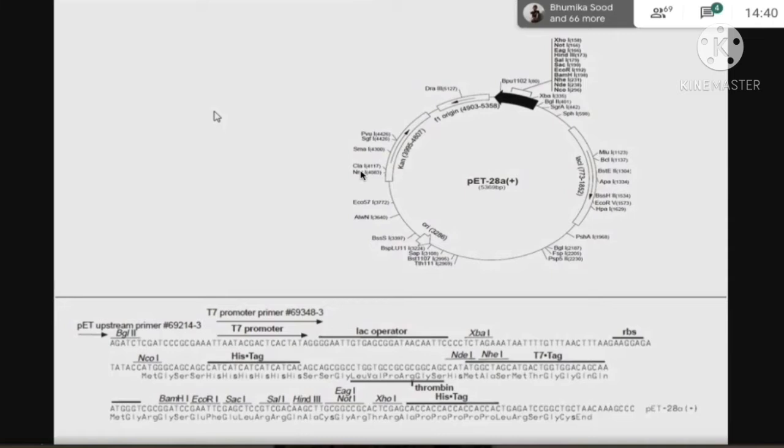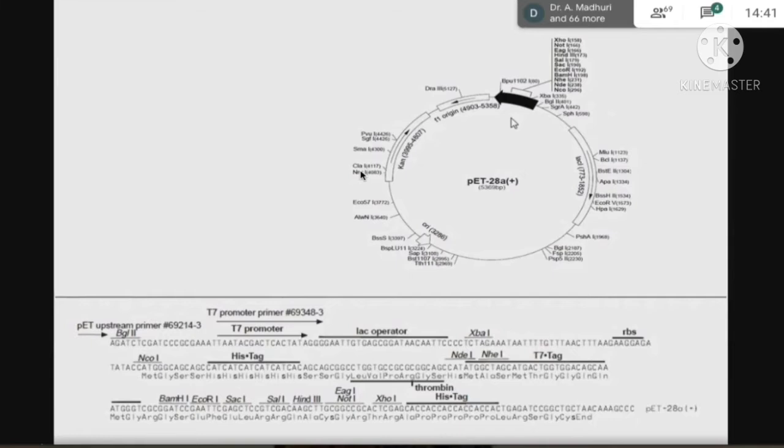Generally BAMH1 is very easy, XHO also, but NDE is a tough enzyme. Its digestion is not very good and it takes more time. In this way, we search for two restriction enzyme sites. But the primary criterion is that your gene, your open reading frame, does not have those restriction sites. If you have the option of all, then choose the one which is useful and easily available with you.